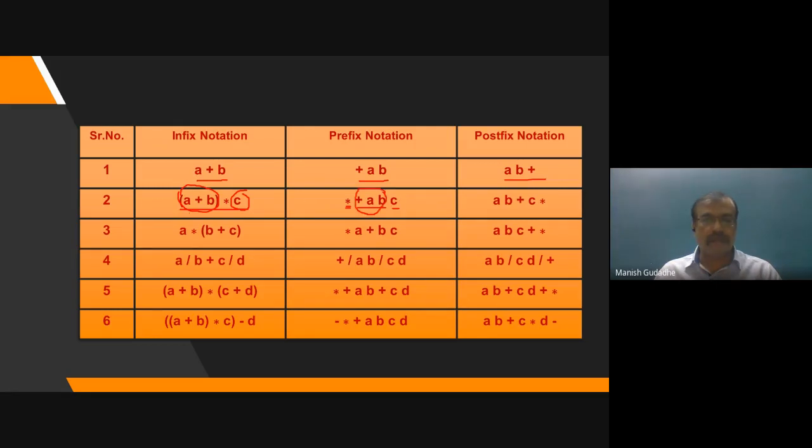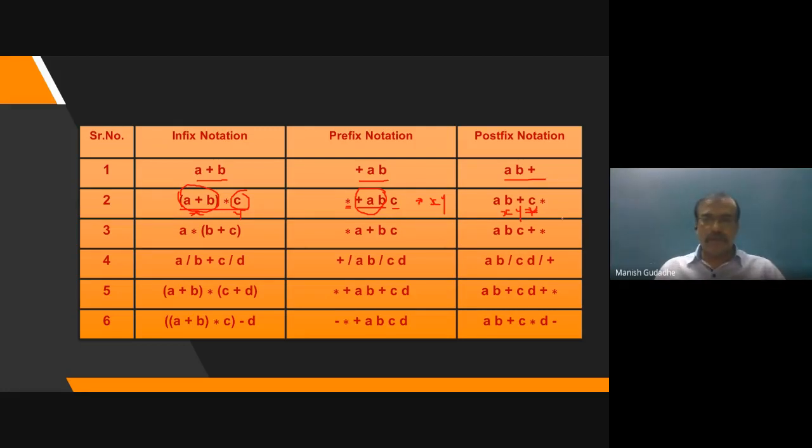This is operand x, operand y, and operator. So it is equivalent to multiplication x y, right? So similarly here it should be x y multiplication. This is postfix notation.